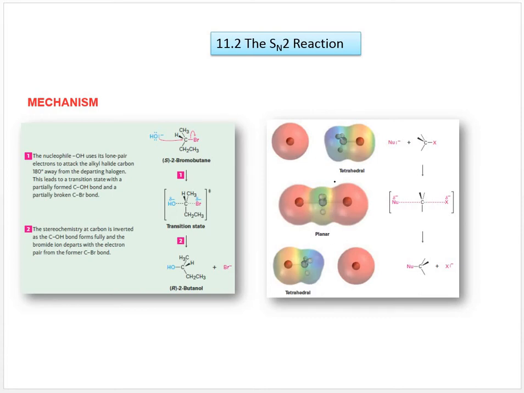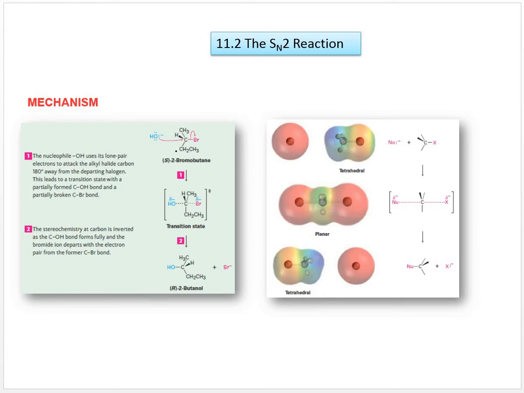So the configuration inverted. You can think of the nucleophile as wind, and this carbon with 3 groups like an umbrella. What happens on a rainy and windy day? If the interior of your umbrella faces the incoming wind, it will be inverted, right?